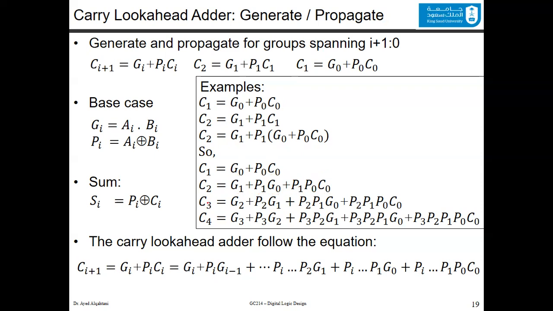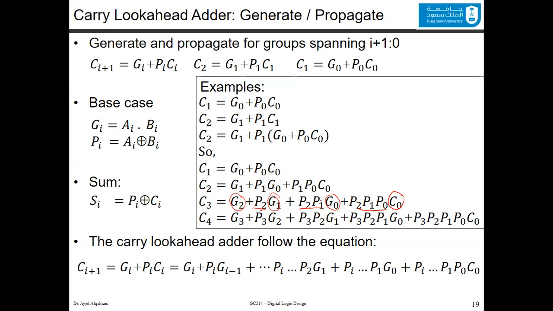So now we know for C3 and C4, we will have the same idea. Look at the C3, you start at C0, and then G0, G1, and then G2. And then first one here is P0, P1, P2. Here, P1, P2, and here, P2. An easier way to remember those 3 propagations, starting from the first one doesn't have any propagation because the carry is either generated in the same stage or propagated from previous stages.